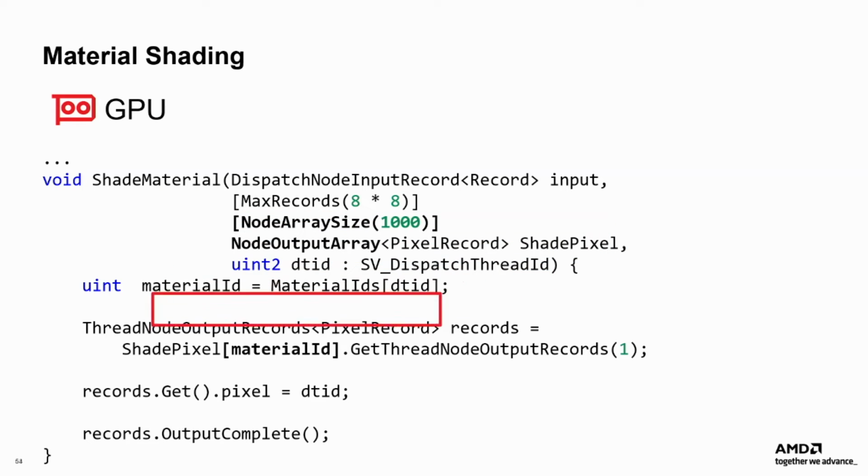And the second small change is when we request one of these records to write to, we now have to specify the material ID, the index into this node array that we want to write to. In this case, it's our material ID. And you can see that each thread can potentially write to a different node in the array.